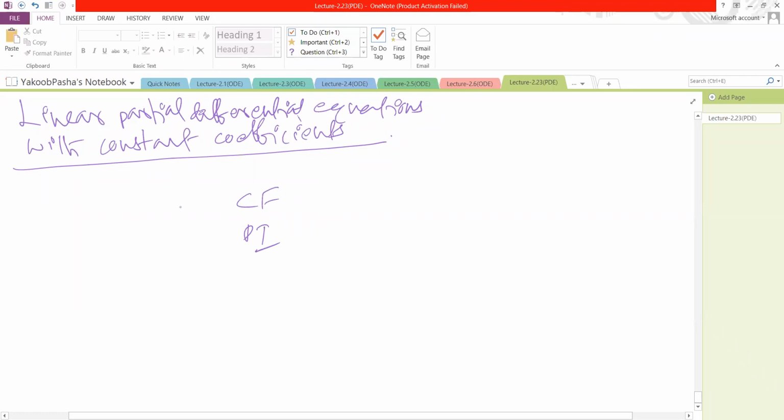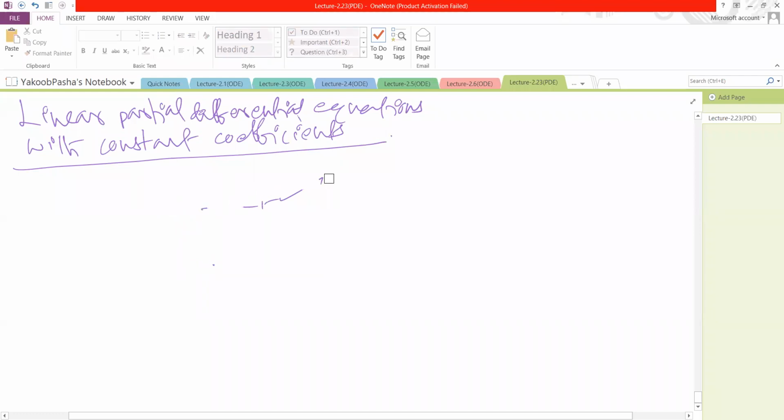Here the complementary function is denoted by zc and the particular integral is denoted by zp. There are some rules to find the complementary function, and there are some rules to find the particular integral of the given partial differential equation with constant coefficients.